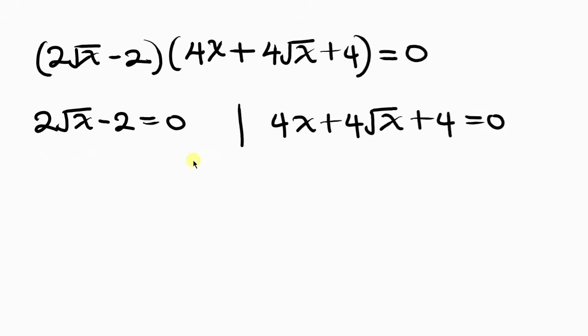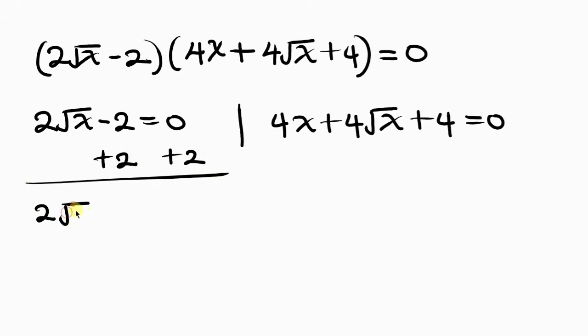For the first case, let's add 2 to both sides. So I add 2 to the left, I add 2 to the right. So adding 2, here we have 2 root x minus 2 plus 2 is 0. So this is equal to 2 on the right. Now we divide both sides by 2.